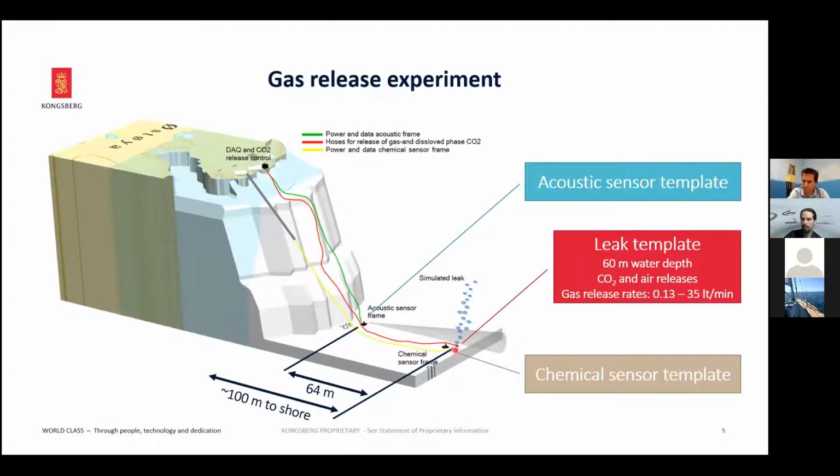And the gas release had a leak template at 60-meter water depth, where CO2 and air releases took place with release rates ranging from 0.13 to 35 liters per minute. And there was an additional template with chemical sensors in the vicinity of the gas bubbles.